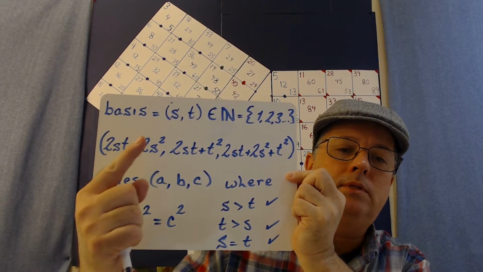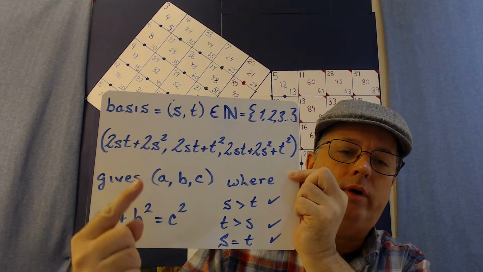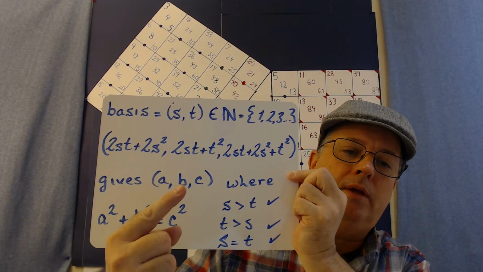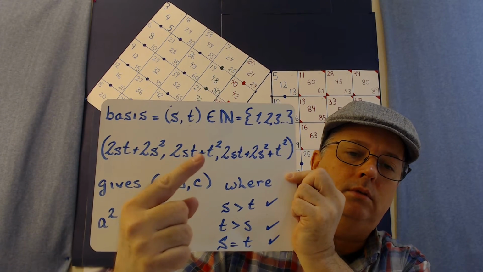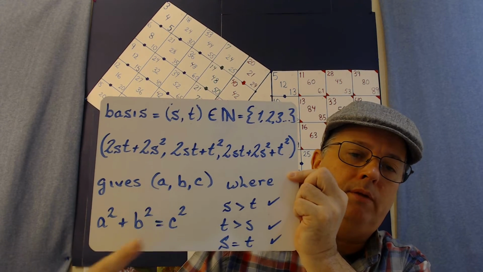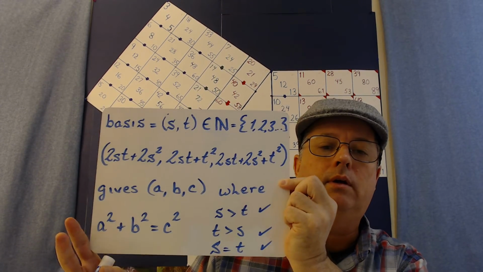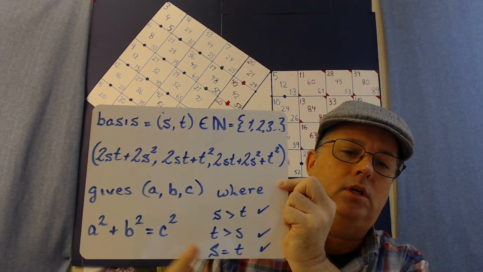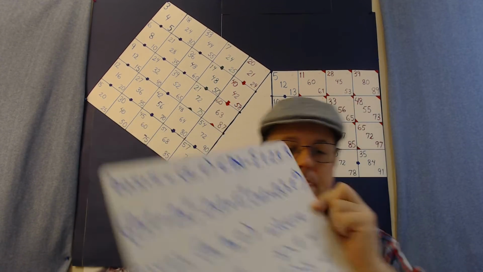And sometimes this expression will generate the a value in that fashion, and sometimes it will generate the b value in that fashion. And so these two expressions here could be either the a or the b value if a and b and c are in numerical order. But of course, this last expression is always going to be c here.